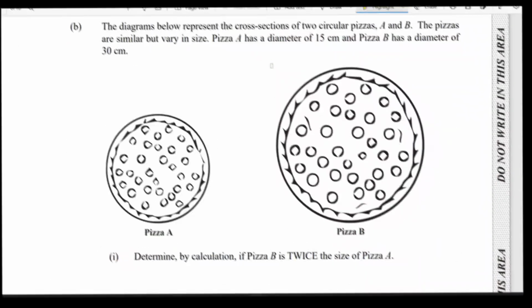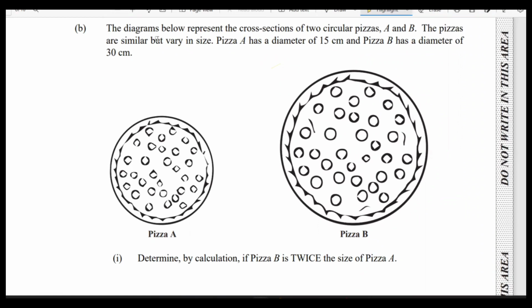The question says the diagram below represents the cross section of 2 circular pizzas, A and B. The pizzas are similar but vary in size. You could see pizza A has a diameter of 15 and pizza B has a diameter of 30.